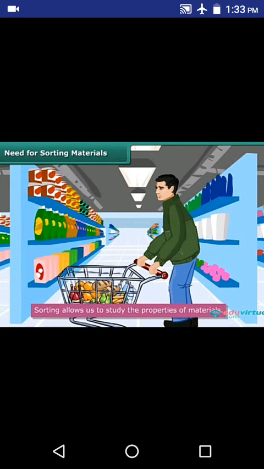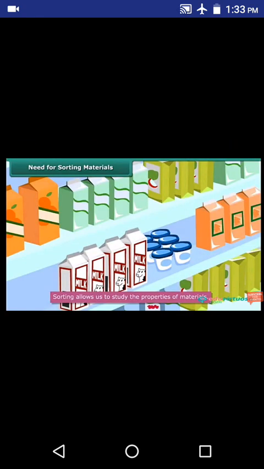If we separate material into solid, liquid and gas, three different groups, we will be able to study their different properties, the different properties of solid, liquid and gas, separately in a better way. That is why the separation of material is quite important in our daily life. We can also study their shapes, their different properties, their different colors and much more.